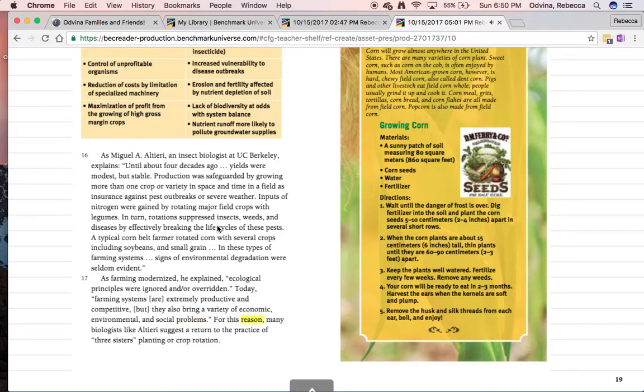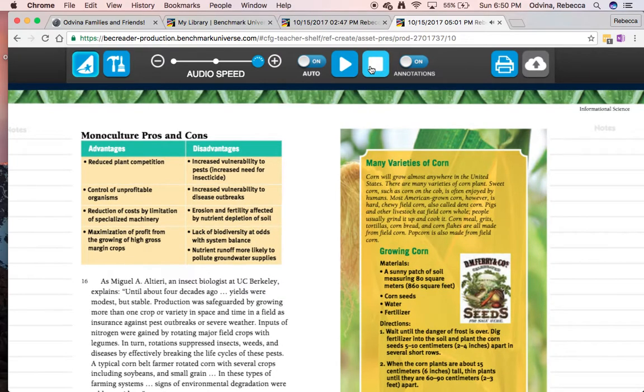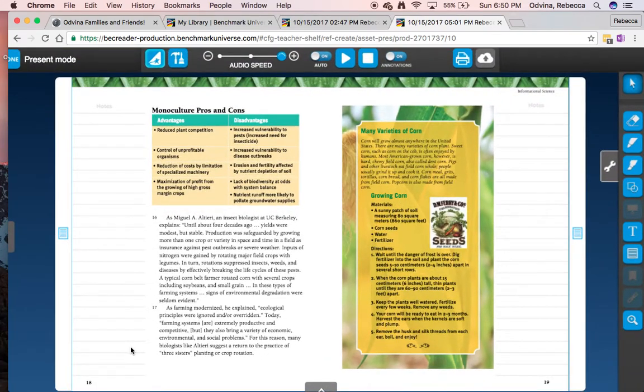For this reason, many biologists, like Altieri, suggest a return to the practice of three sisters planting or crop rotation. Okay, I'm not going to go over that many varieties of corn, but now you've heard the entire text. So that brings us over to 17.